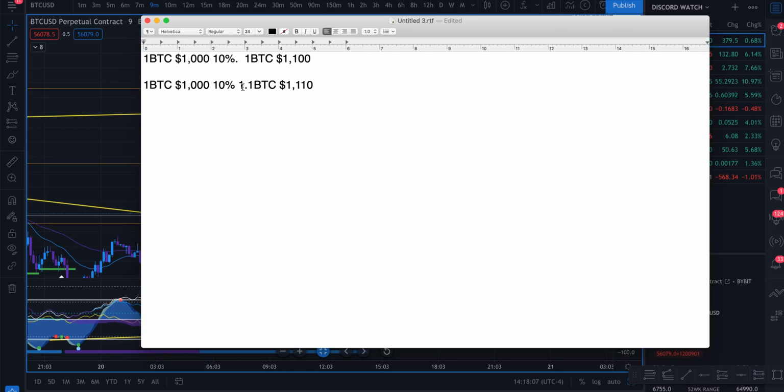You can sell 0.1 Bitcoin, and you still will have your initial amount of Bitcoin, and you're making profit. So it's allowing you to stack your crypto. It's pretty cool, guys.